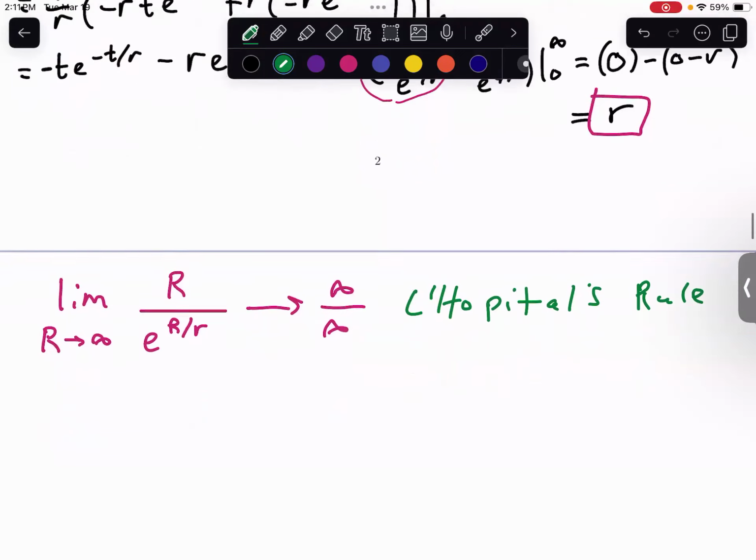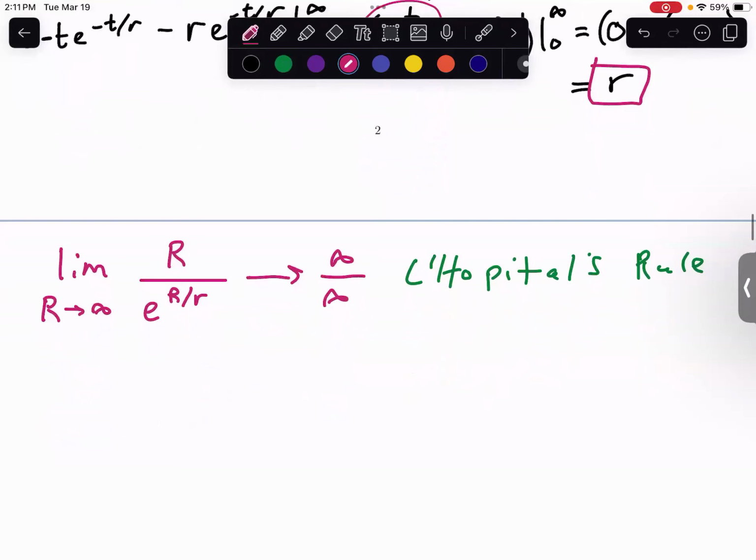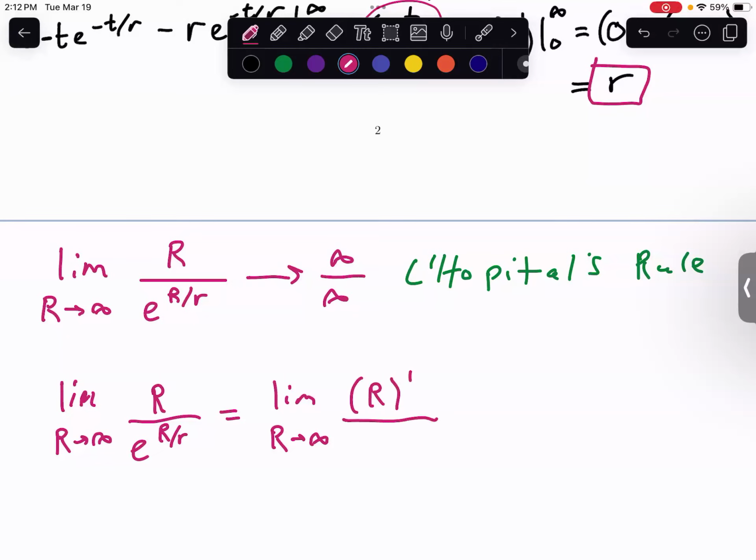How you use L'Hopital's rule isn't anything super complicated. If we look at this limit again, this limit is r goes to infinity, this capital R over e to this capital R over lowercase r. This is the same thing as doing the limit as capital R goes to infinity of the derivative of capital R over the derivative of e to the capital R over r.